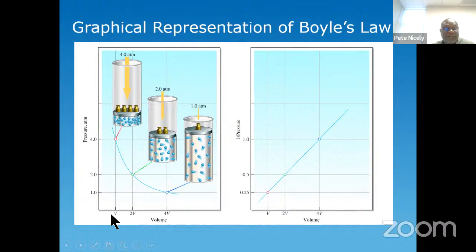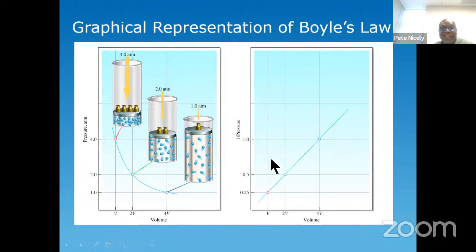So as you increase the volume from V to 2V, so if you double the volume, what happens to the pressure? The pressure is reduced by a similar factor. It's halved from 4 atmospheres to 2 atmospheres. And then if you were to double the volume again from 2V to 4V, the pressure is halved from 2 atmospheres to 1 atmosphere. So that basically shows you how the volume varies with pressure.